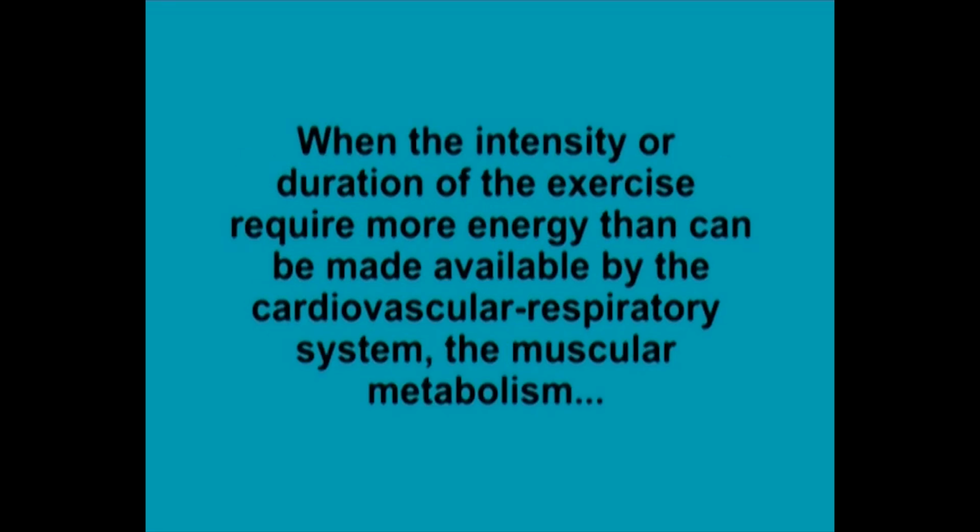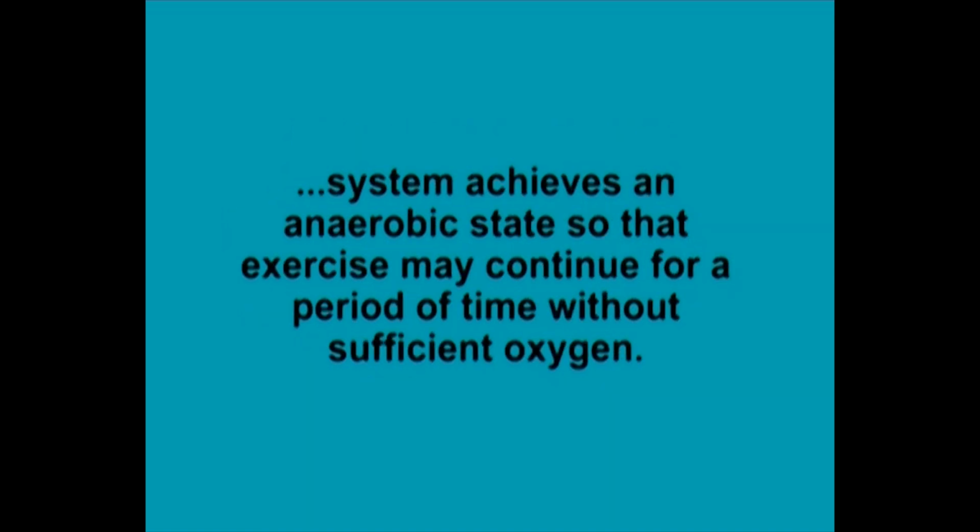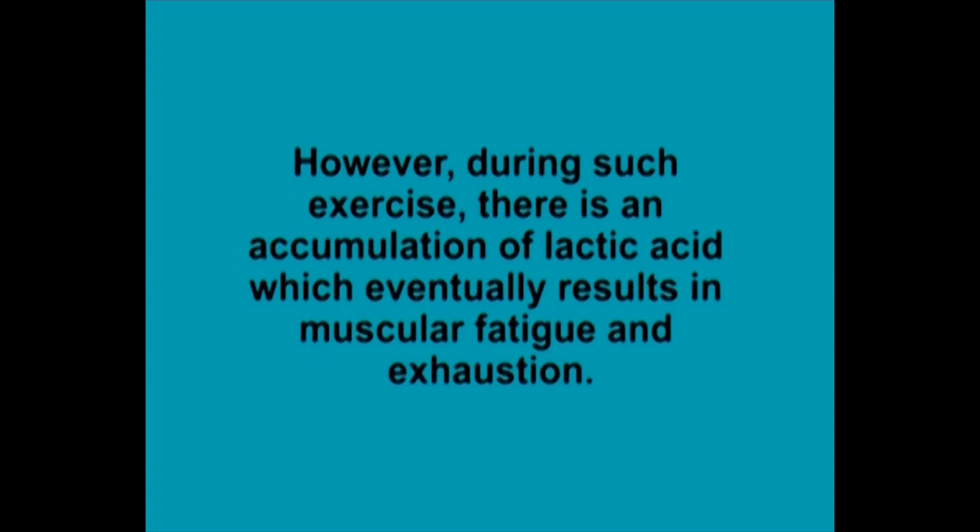When the intensity or duration of the exercise requires more energy than can be made available by the cardiovascular respiratory system, the muscular metabolism system achieves an anaerobic state so that exercise may continue for a period of time without sufficient oxygen. However, during such exercise, there is an accumulation of lactic acid, which eventually results in muscular fatigue and exhaustion.